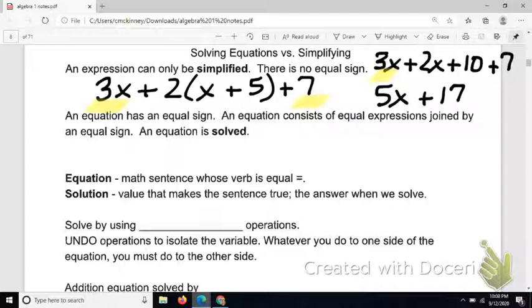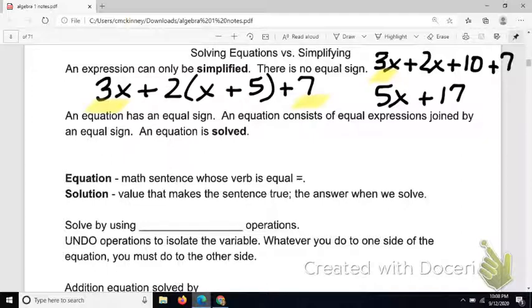But an equation has an equal sign in it. An equation consists of equal expressions joined by an equal sign, and an equation is solved, like the directions might say solve or find the value of x.